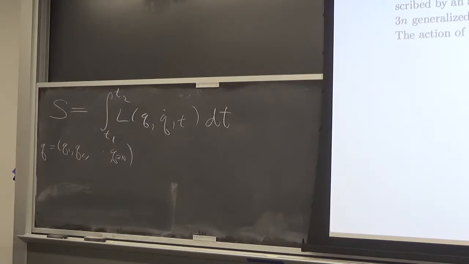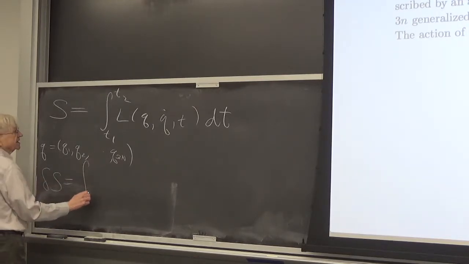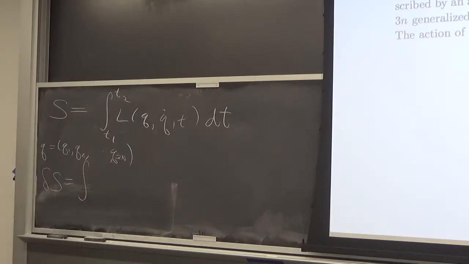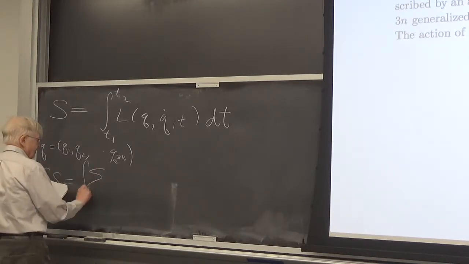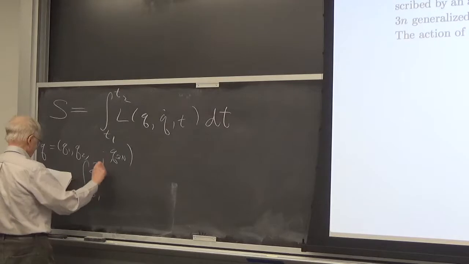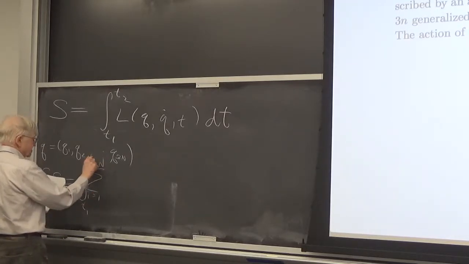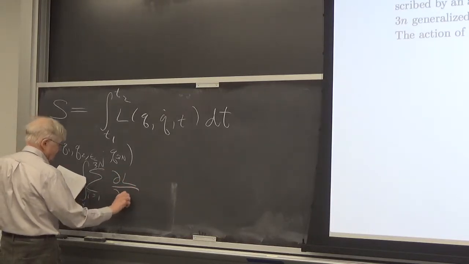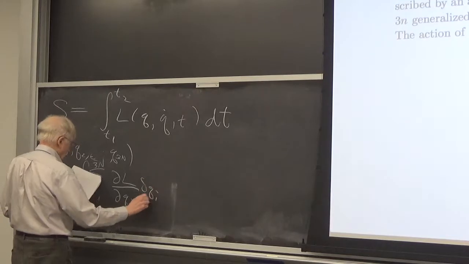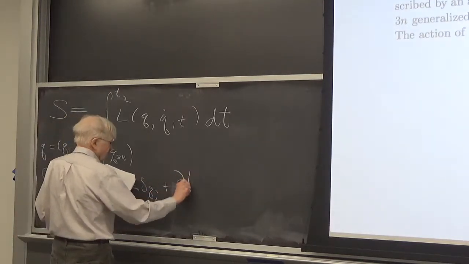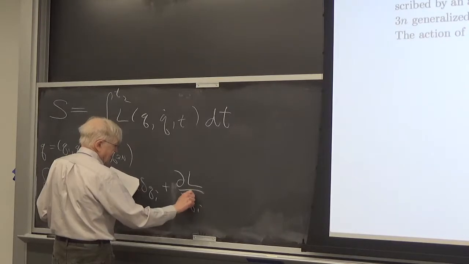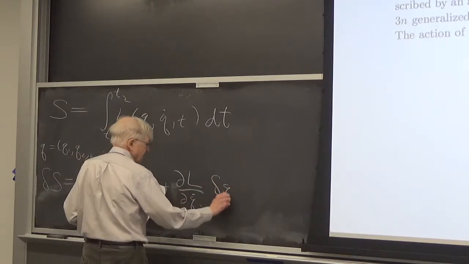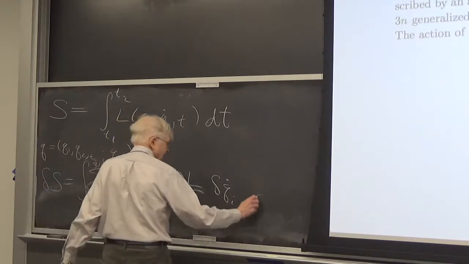And the change in the action, not the entropy, is then a sum, i equals 1 to 3N, integral t1 to t2, of the partial of the Lagrangian with respect to qi times the change in qi, plus the partial of the Lagrangian with respect to qi dot times the change in qi dot, and it's all of that integrated dt.